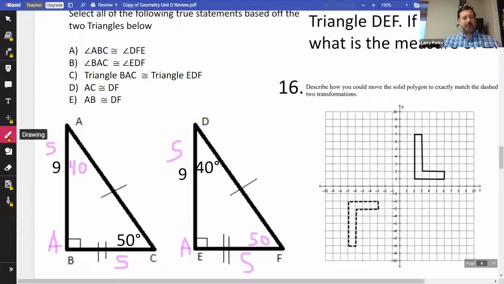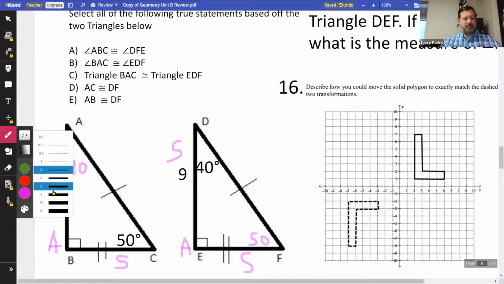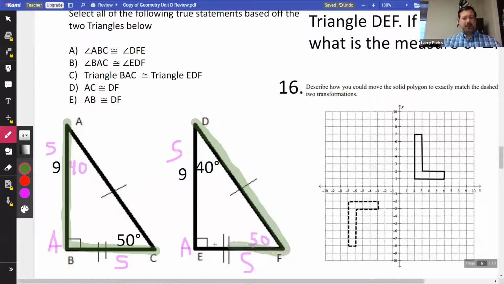So let's go through. They say triangle ABC. So if I start here and I go this way, oh, I already went the wrong way. A, B to C. So it'd be here, here, to there. Is that congruent to DFE? D, F, E. No, you did not go the same direction. So that one is not one of the answers.